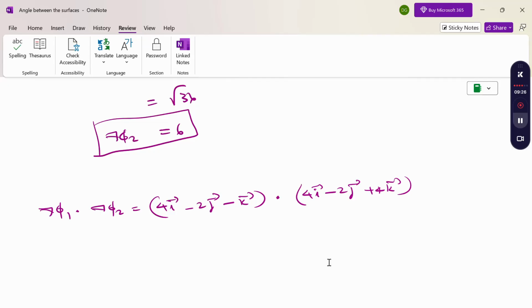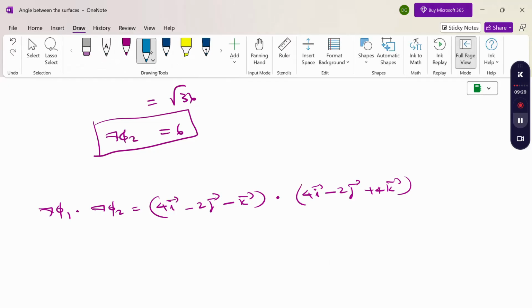When multiplying, i dot i is 1, j dot j is 1, k dot k is 1, and the other terms i dot j, j dot k, k dot i are 0.